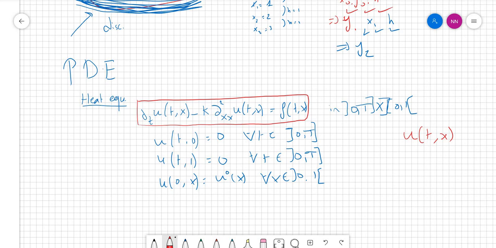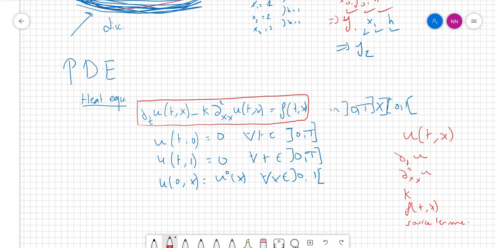We have ∂t u, the derivative of u with respect to the first variable t, and then ∂xx u, the second derivative of u with respect to x. Kappa is a constant, and on the other side we have f(t,x), which is called the source term, which is usually a given function.